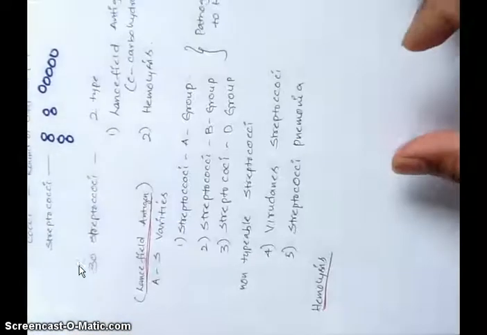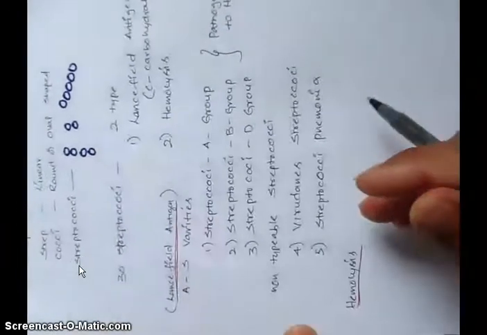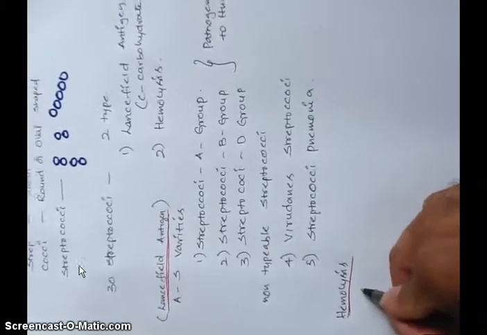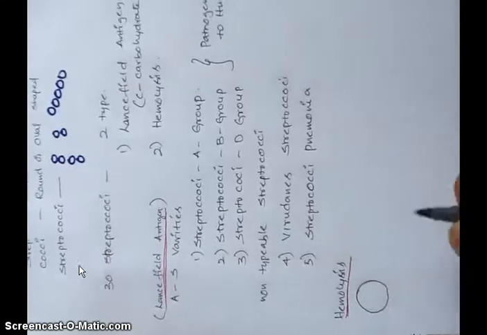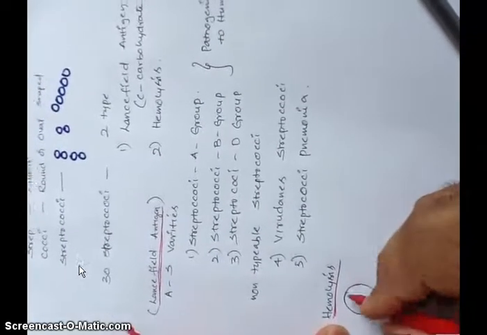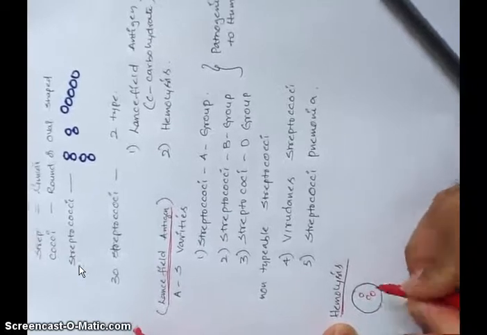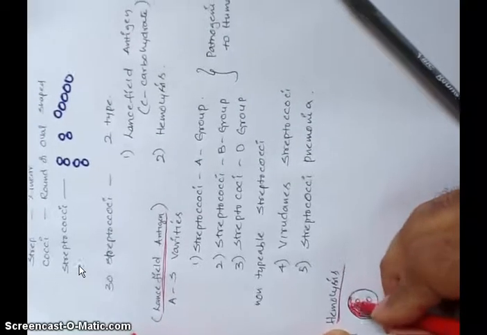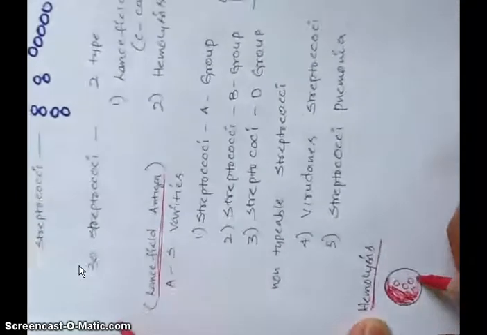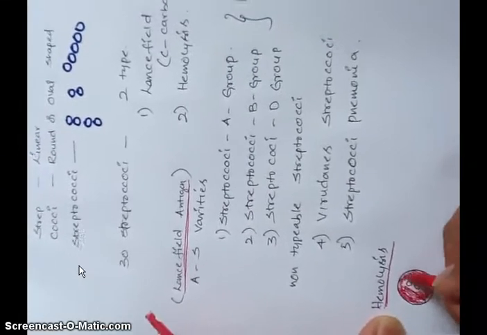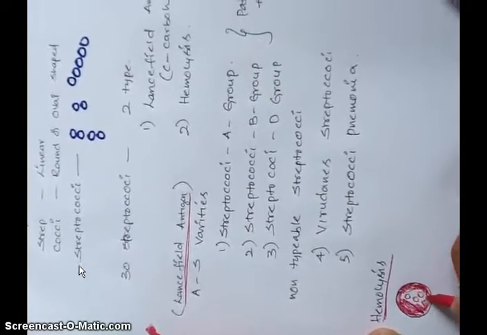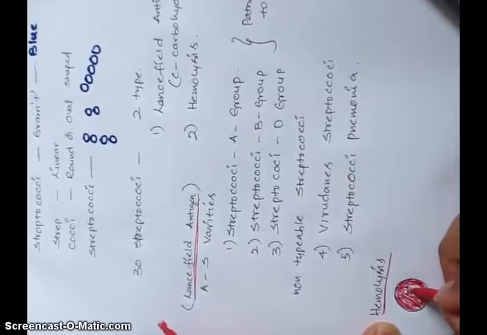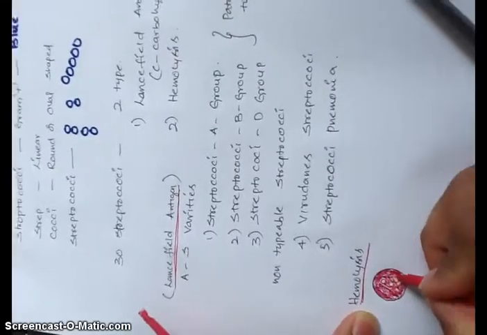The hemolysis test is done on blood agar culture medium. For example, if this is a petri dish which consists of blood agar culture medium, and the organisms grown on this petri dish completely destroy the red blood cells, clear-cut destruction, the colony looks very clear around them, something like this.